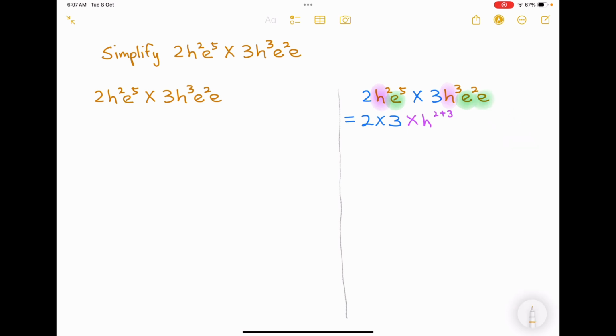We get e to the power of 5 plus 2 plus 1. Why is there a 1?